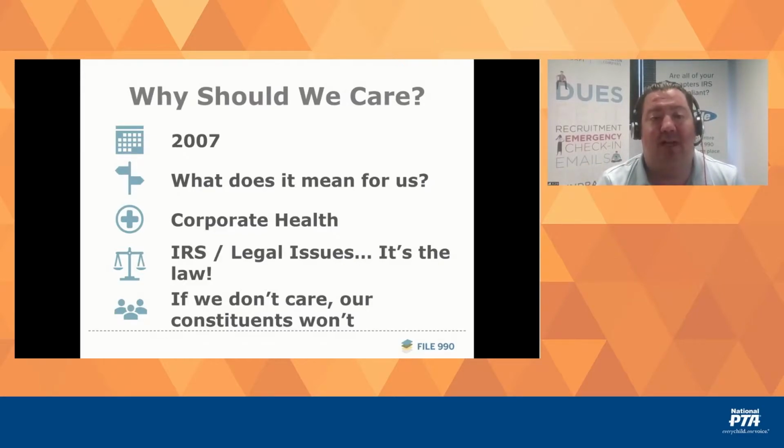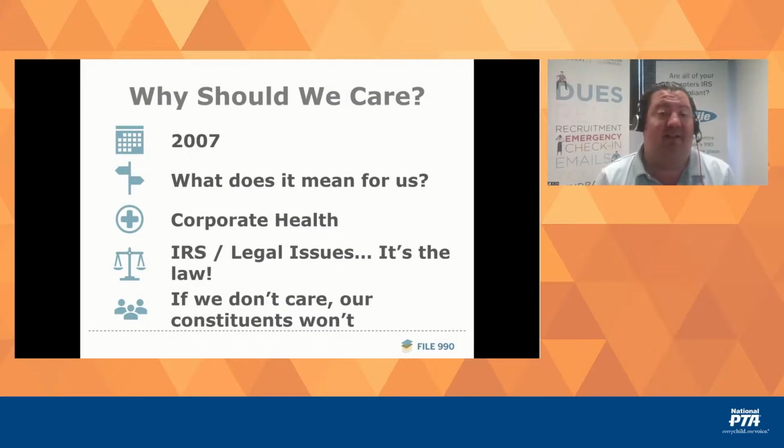If too many local components, say over 50%, are revoked or not in good standing, it could revoke the state PTA's nonprofit status, and even the status of chapters that have been doing the right thing and filing on time. We don't want to see that happen, and we certainly don't want it to happen to your state PTA. So we want to make sure the tax compliance of your state PTA and its local chapters is good.